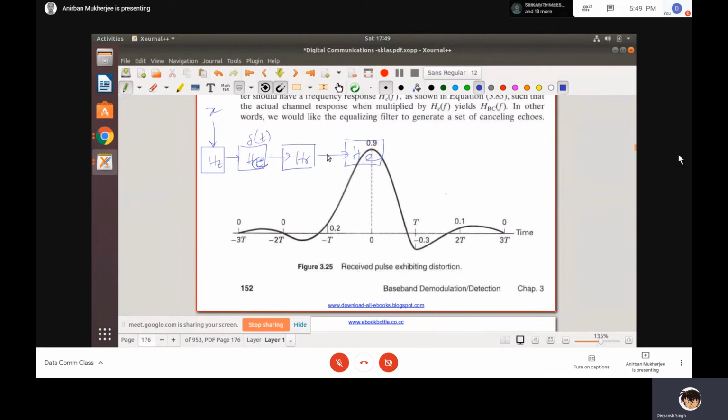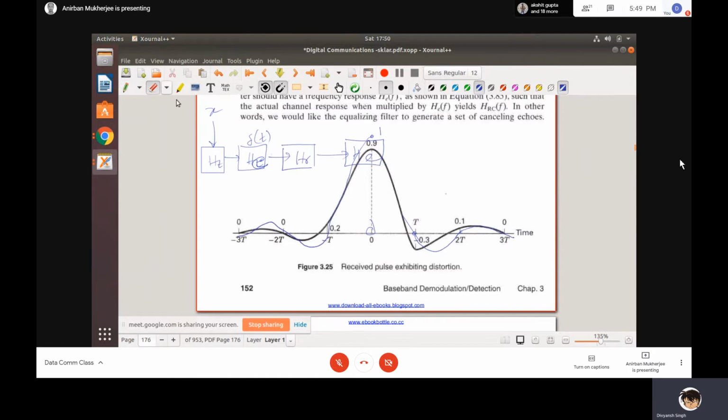If it is raised cosine characteristics, at 0 point you will have 1, at t equal to capital T it is 0, then at 2T it is a sinc kind of thing, 2T to 3T again sinc, and similarly minus T, then 0, then 3T, something like this.